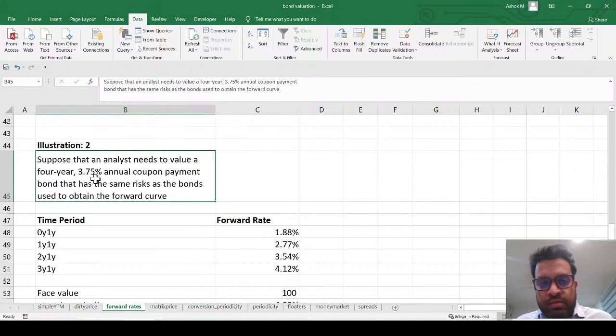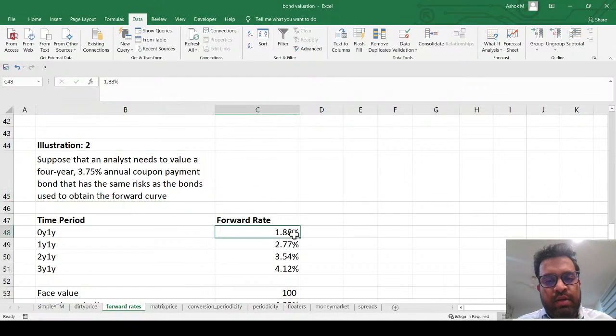So I'll just quickly see this. It's a 4-year bond, 3.75% annual coupon payment, that has the same risk as the bonds used to derive this forward rate.